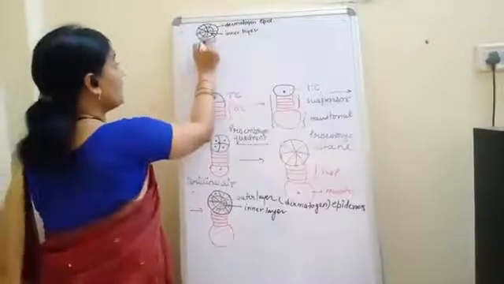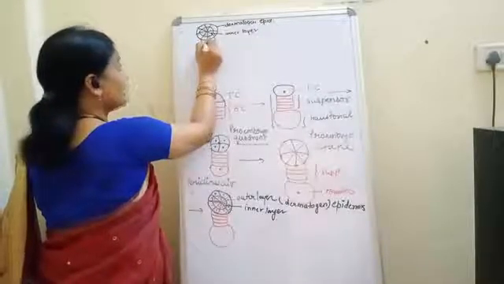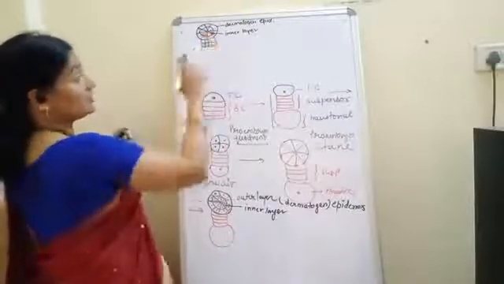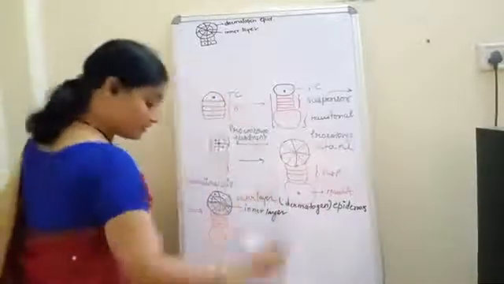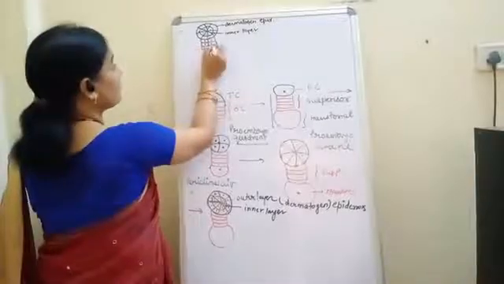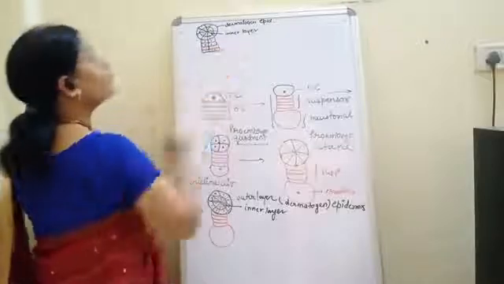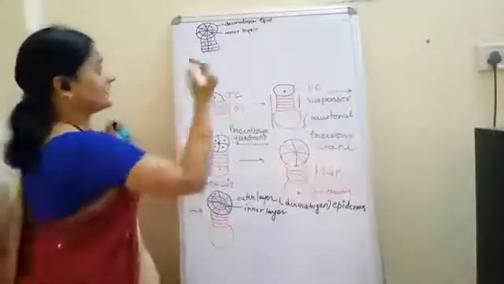How will it divide? It will divide into 4, into a mass of a ball. Now 2 are in front of us and 2 are at the back side. So it will divide into a mass of cells. 3 and 4. Clear?